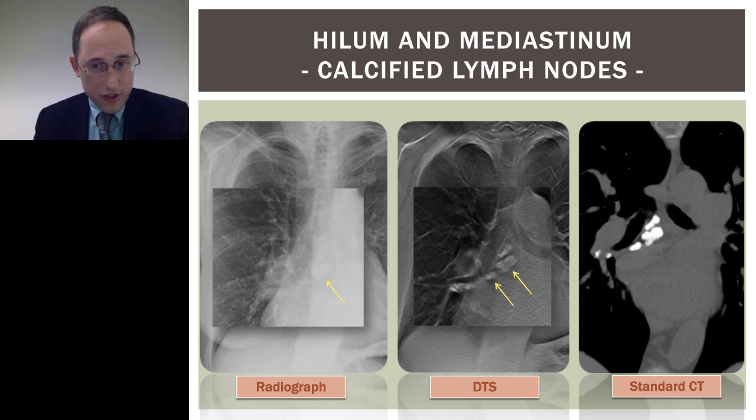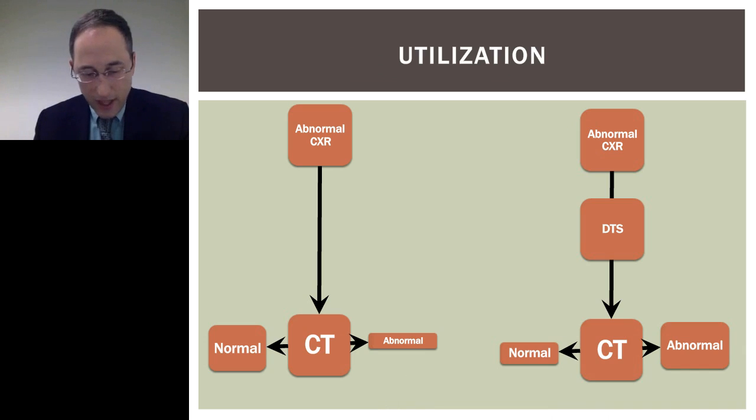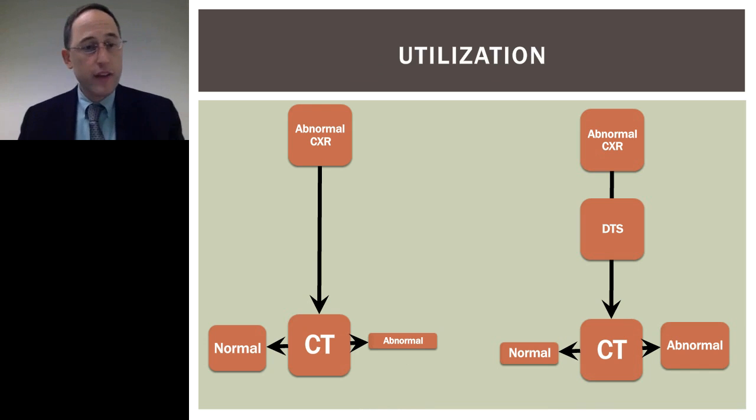Let's talk about utilization. I mentioned a lot of times that there are things you can see on tomo that you wouldn't see on radiography. And we know that people often get radiography as a first-line treatment, and then they end up getting a CT.